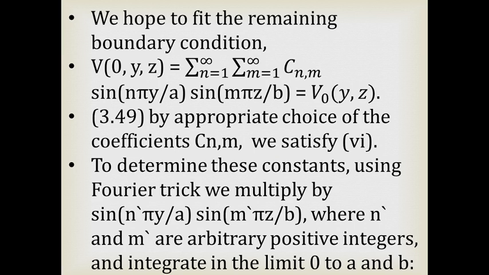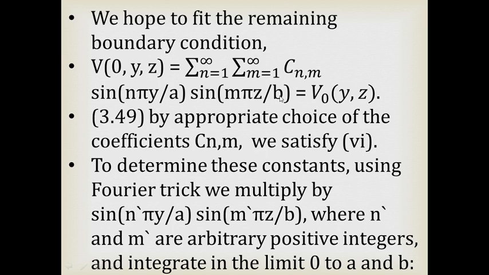And to determine this coefficient, what do we have to do? Whatever we have done in the previous example. Here you can see that this is a Fourier sine series, and using the Fourier trick, we can find out the value of the coefficient C nm, which is buried in the Fourier sine series.